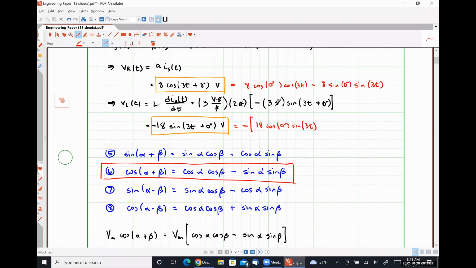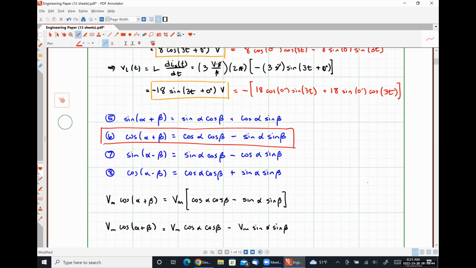And then I'm going to have plus 18 sine 0 degrees cosine 3t, like so.